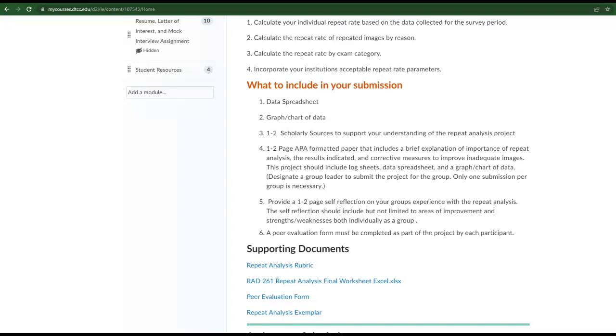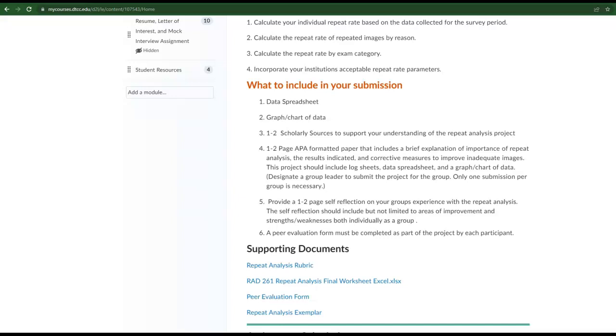This APA formatted paper should include a brief explanation of the importance of repeat analysis, the results indicated, and the corrective measures to improve the inadequate images. You should also include a final data spreadsheet, or a graph or chart of the data.